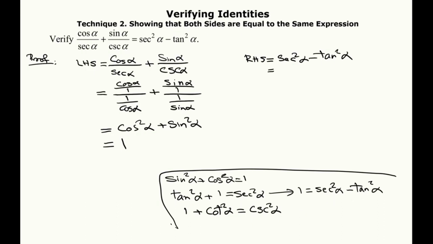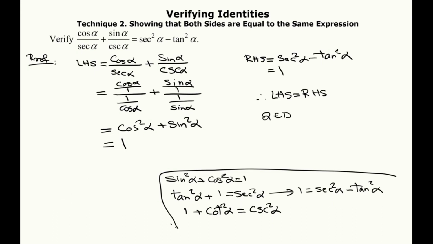Notice we just showed that the left-hand side and the right-hand side are both equal to 1. Therefore the left-hand side equals the right-hand side. Notice we can say that instead of having to rewrite all of that, and we're basically done.